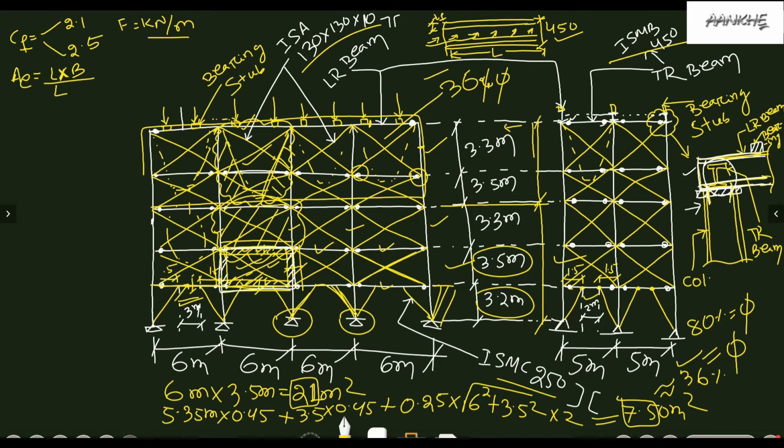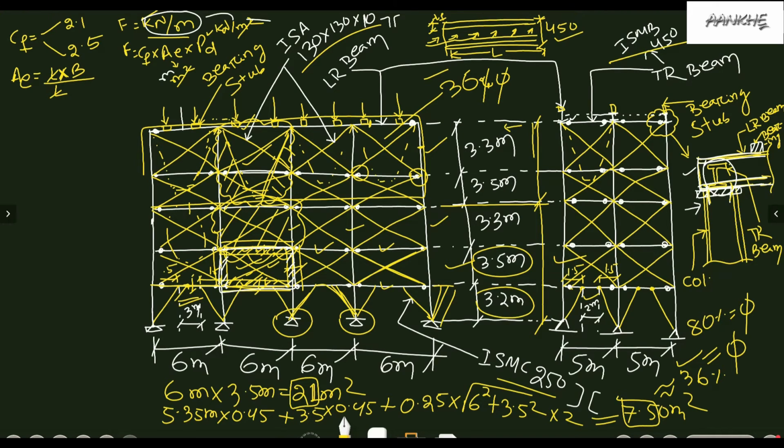Because force F is equal to CF into AE into PD. PD is kilonewton per square meter, AE is square meter, and CF is dimensionless. So square meter generally gets cancelled and you get kilonewton. But if we divide by length to get UDL, then instead of square meter you will find only meter. So only 1 meter will be cancelled here and the force will be kilonewton per meter. I hope it is understood.